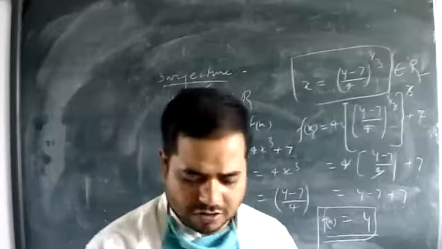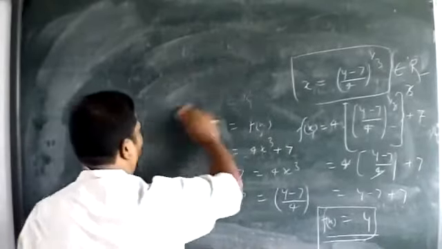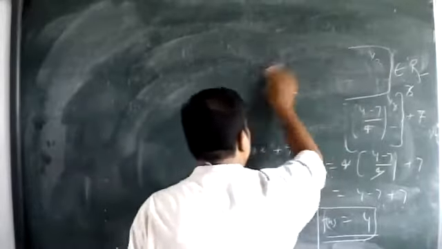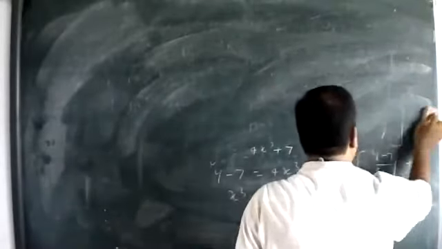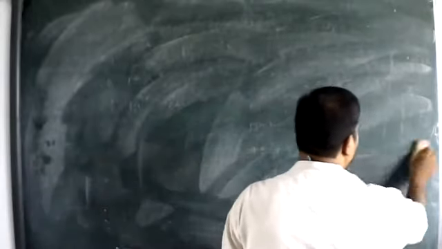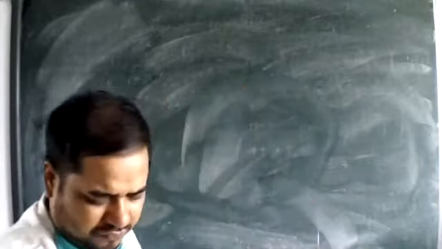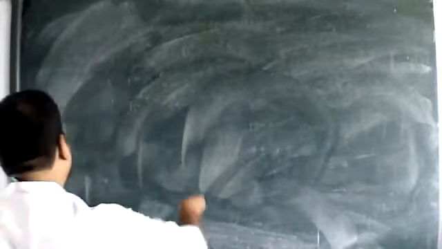See, what about the mod function? Okay. If you discuss about the mod function, then this is neither one-one nor onto. Why is this neither one-one nor onto? Because if you consider y is equals to mod x.